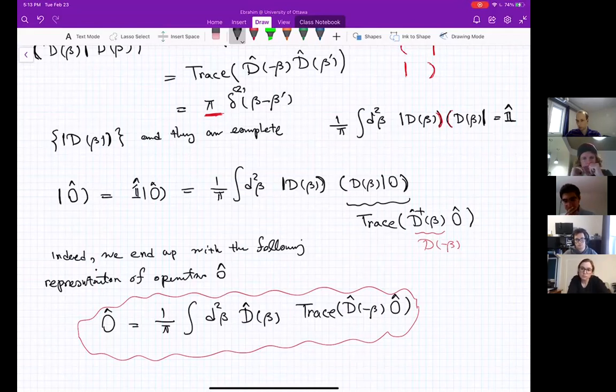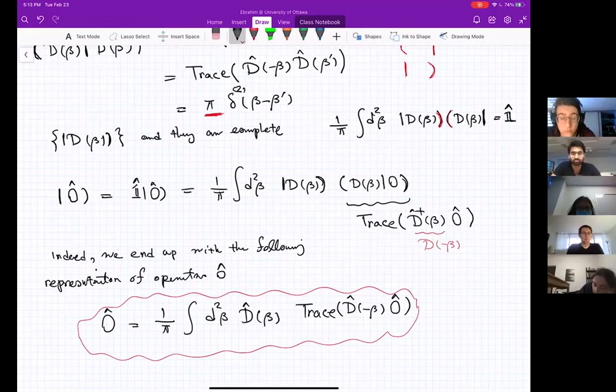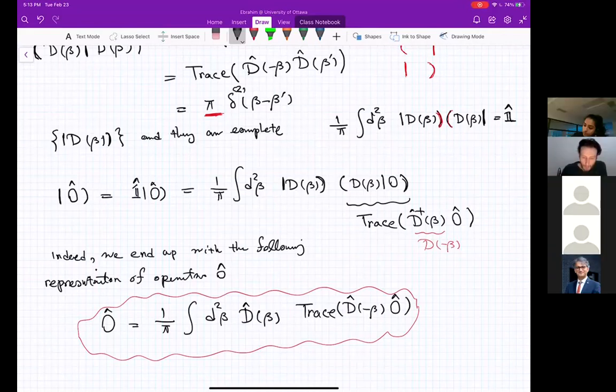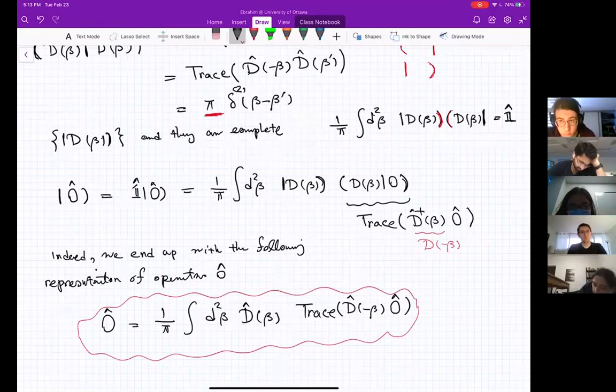Okay, let me ask someone. Kale? Yeah, okay, good, thank you. Can you tell me, is D the displacement operator, right? Did I write it in normal order, symmetric way, or anti-normal?